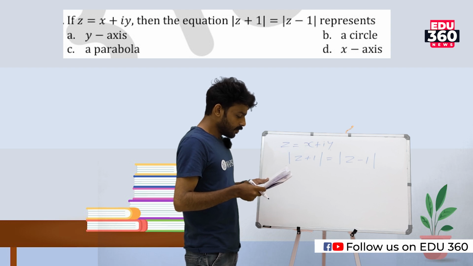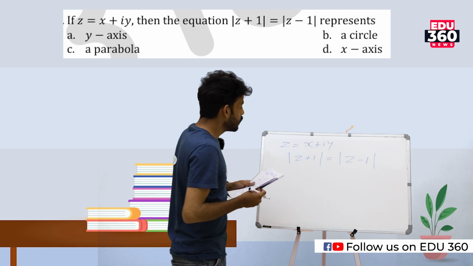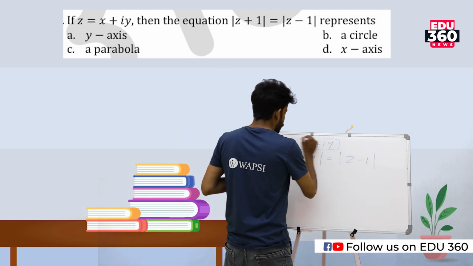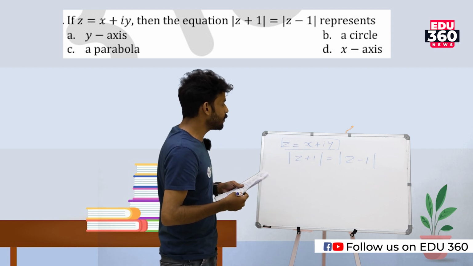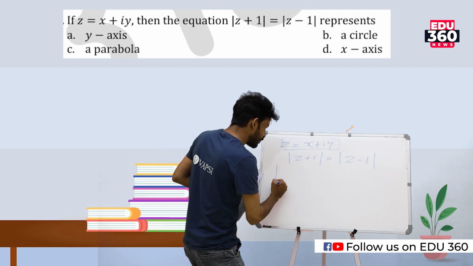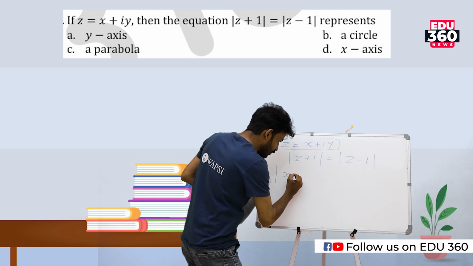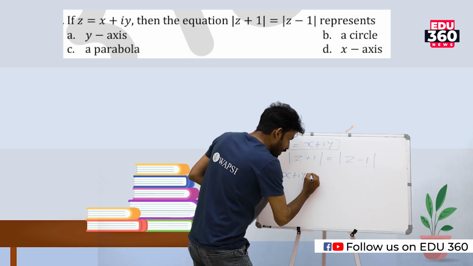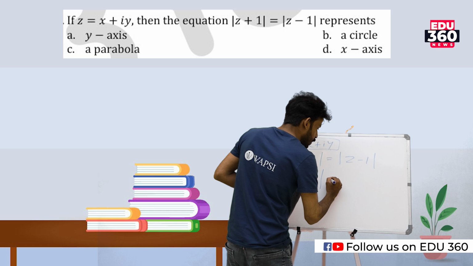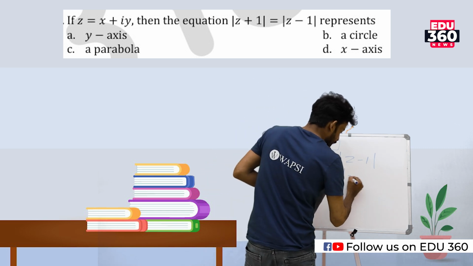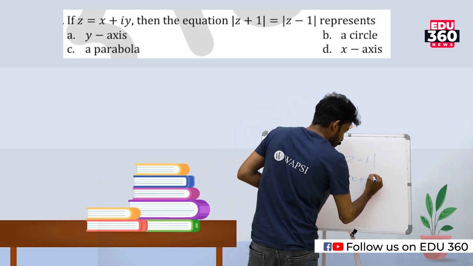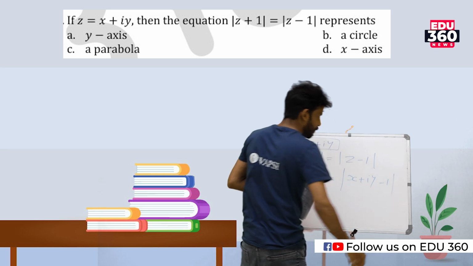In the first step, we substitute z here, so modulus of x plus iy plus 1 is equal to modulus of x plus iy minus 1.